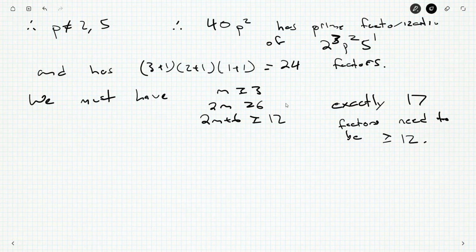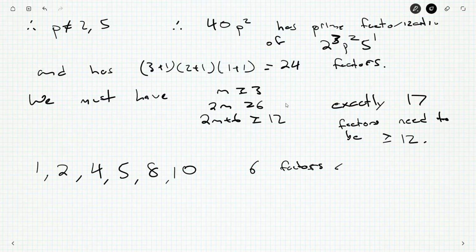Okay. So what sort of factors do we have? Well, we've got 1, 2, 4, 5, 8. These are all factors that are less than 12. 2 times 5, 10. So that's 1, 2, 3, 4, 5, 6.